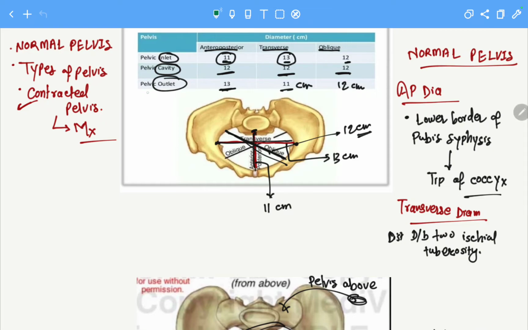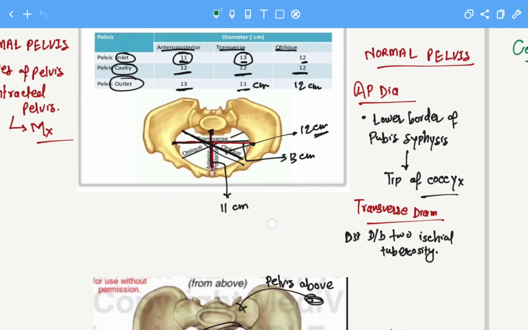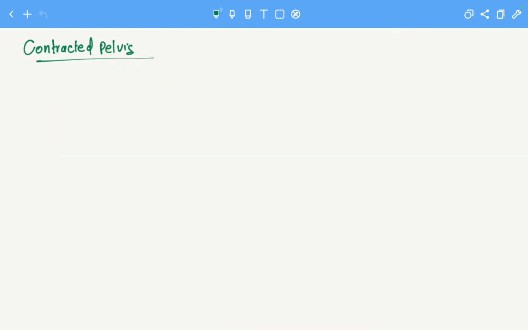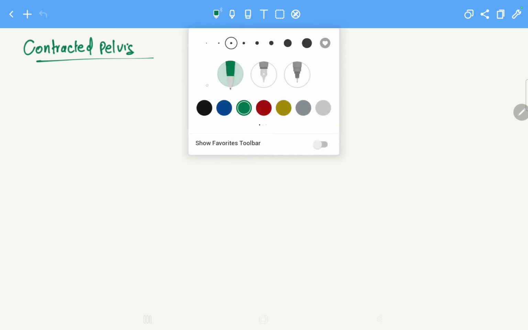So these are the normal diameters, but if any of the diameters, either AP diameter or the transverse diameter or the oblique diameter, if any one of them is decreased or shortened by 0.5 centimeter, then it would be the case of contracted pelvis.